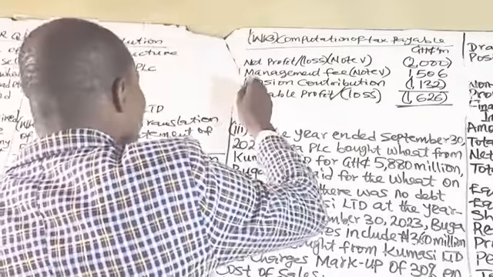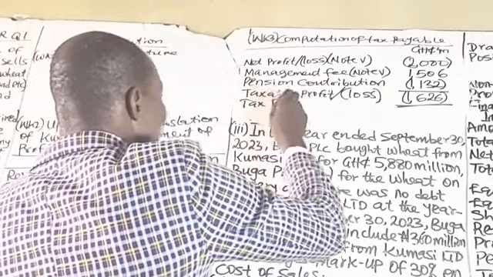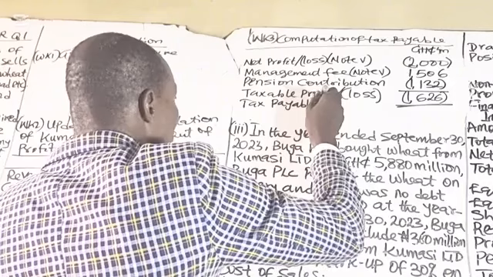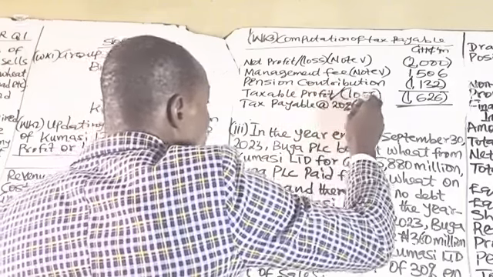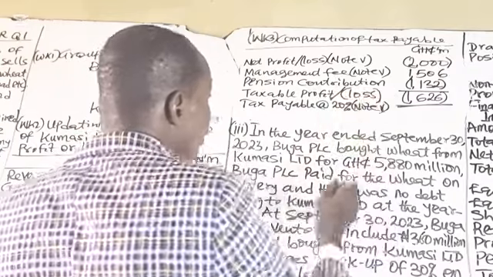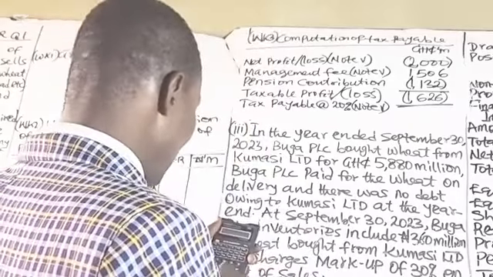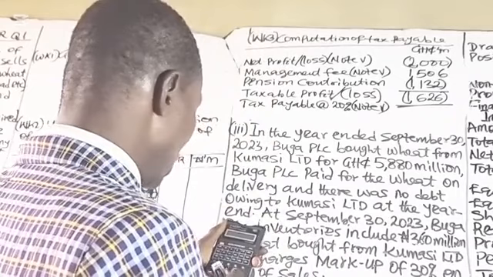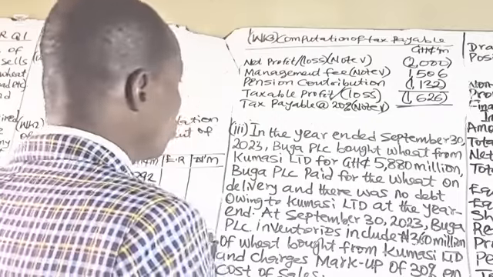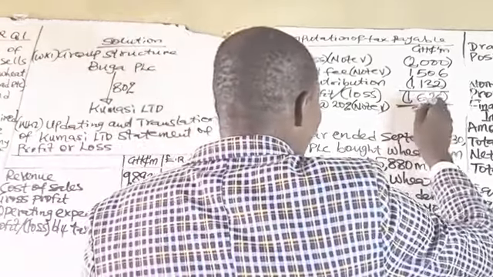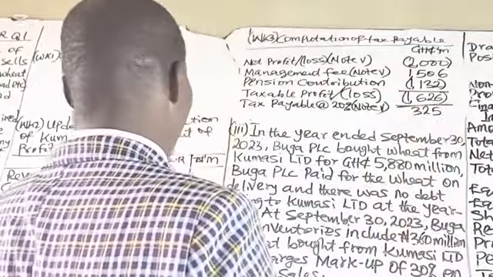So how much is the tax payable now? Tax payable, and the tax rate is 20% from note 5. We were given the tax rate to be 20%. 20% of 1626 gives us 325.2, so 325 million Ghana cedis.